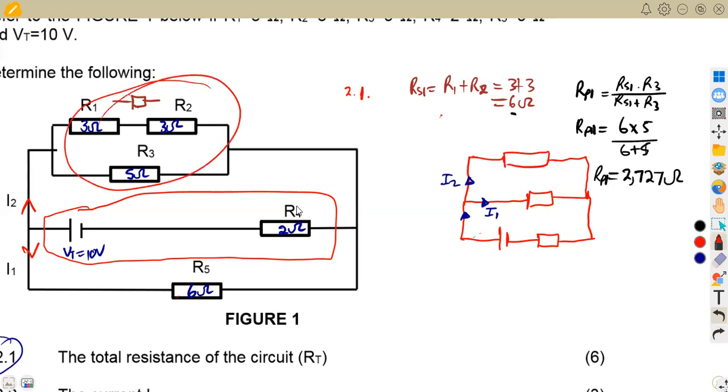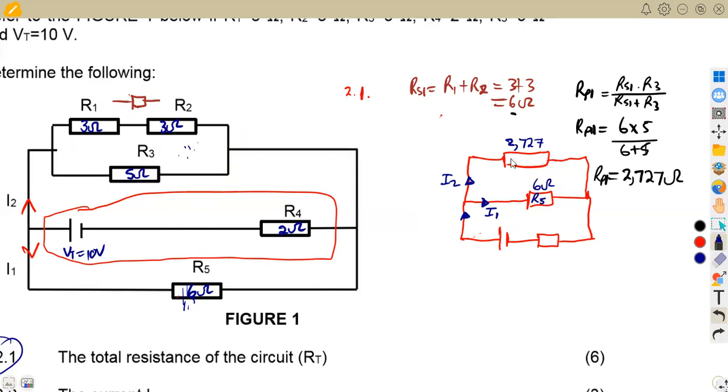So now, meaning to say we are now having a single resistor of 2.727 ohms, parallel to this one, that is not across the voltage source, which is the 6 ohm. This one that I placed as current one across the 6 ohm resistor, which is our R5.